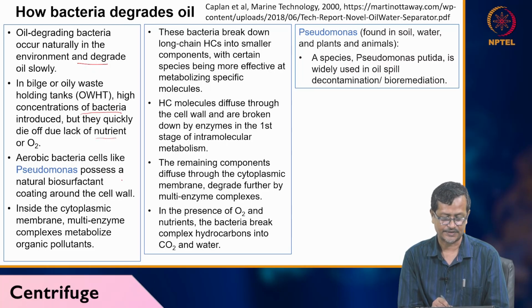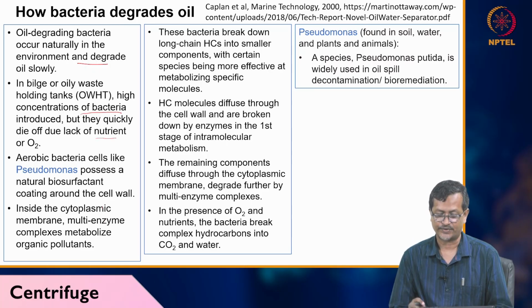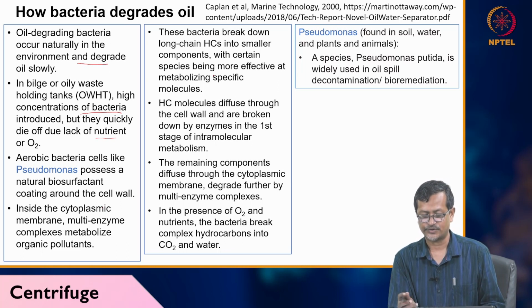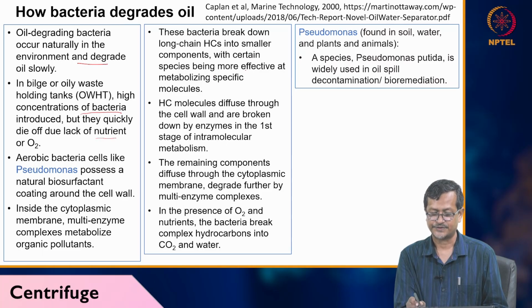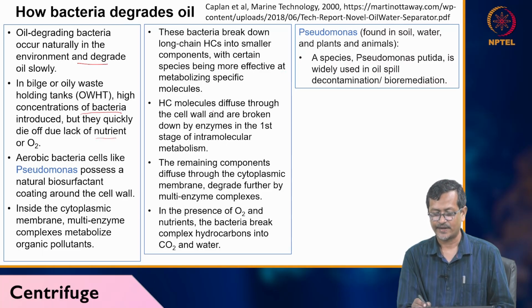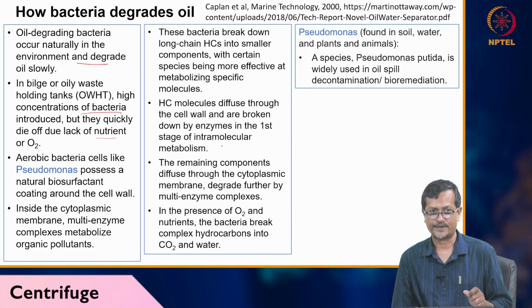Aerobic bacteria cells like Pseudomonas possess a natural biosurfactant coating around the cell wall. Inside the cytoplasmic membrane, a multi-enzyme complex metabolizes organic pollutants. These bacteria break down the oil, very long chain hydrocarbons, into small chain hydrocarbons, with certain species being more effective at metabolizing specific molecules. Hydrocarbon molecules diffuse through the cell wall and are broken down by enzymes in the first stage of intermolecular metabolism.